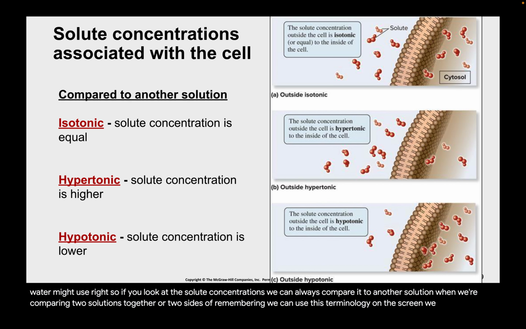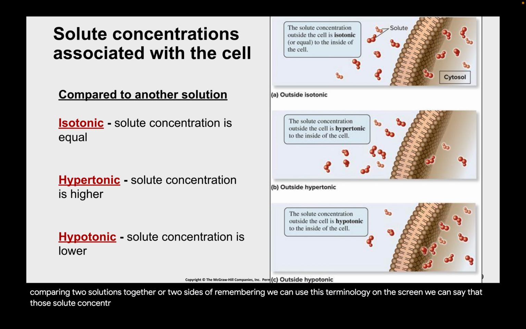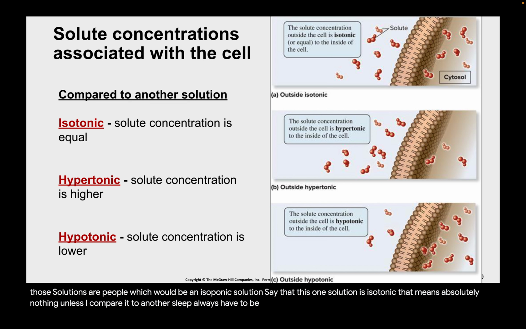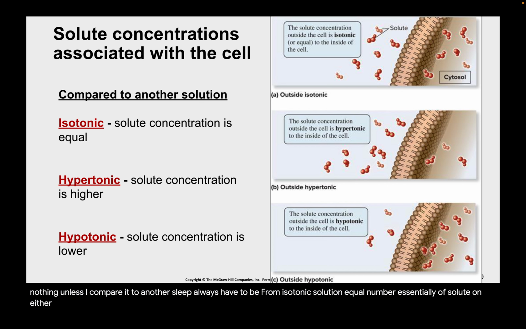We can say that those solute concentrations are equal, which would be an isotonic solution. Now, I couldn't say that this one solution is isotonic. That means absolutely nothing unless I compare it to another solution. So it always has to be in comparison to something else. So an isotonic solution has an equal number of solutes on either side of a membrane.